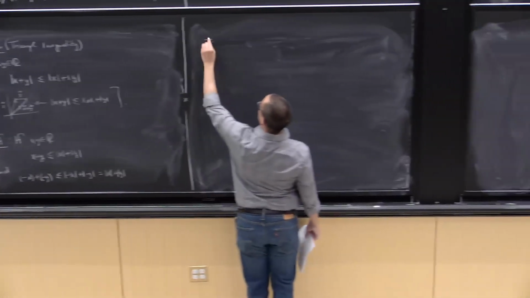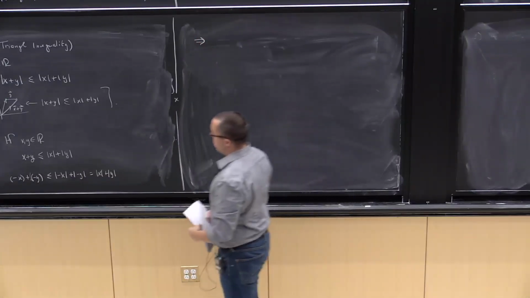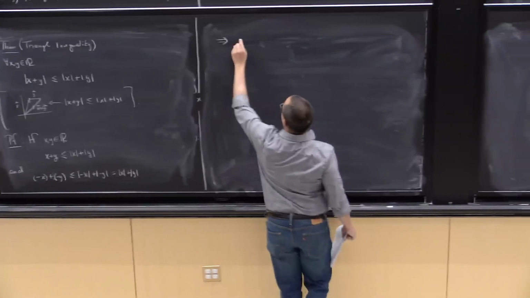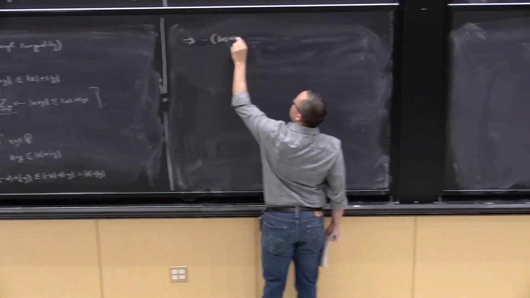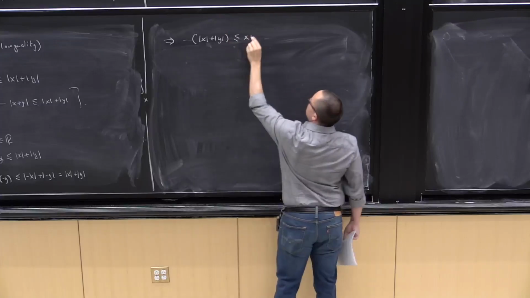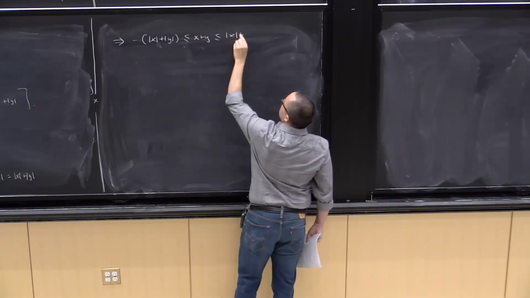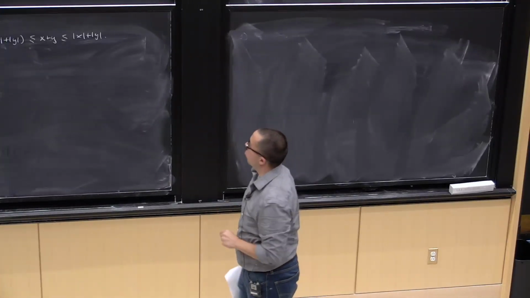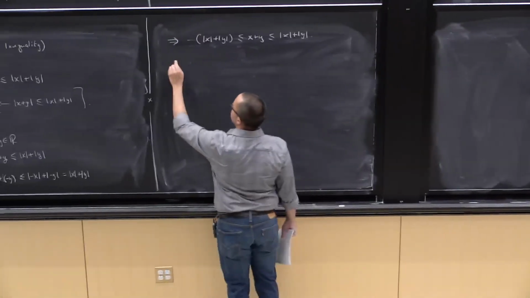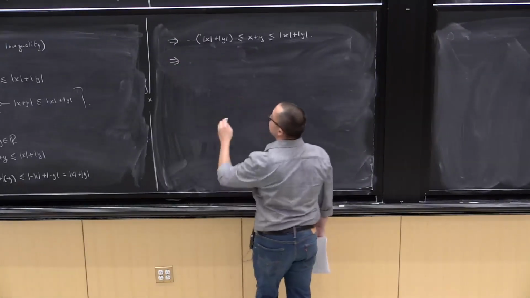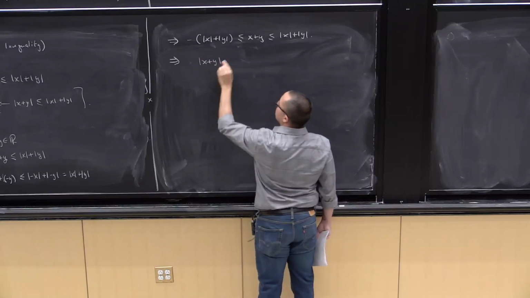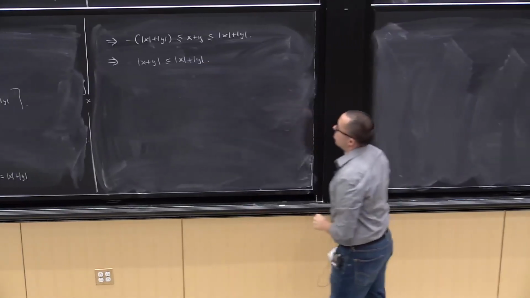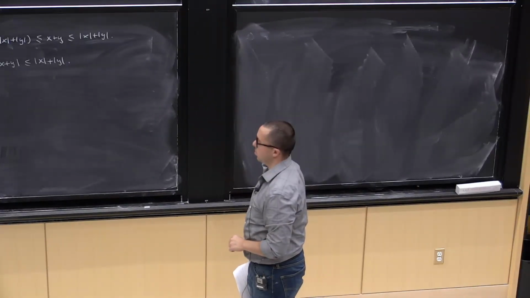And both of these, therefore, imply, if I take this and multiply it through by minus 1, this inequality, which by number 5 in the properties that we proved for the absolute value, implies that the absolute value of x plus y is less than or equal to the absolute value of x plus the absolute value of y.